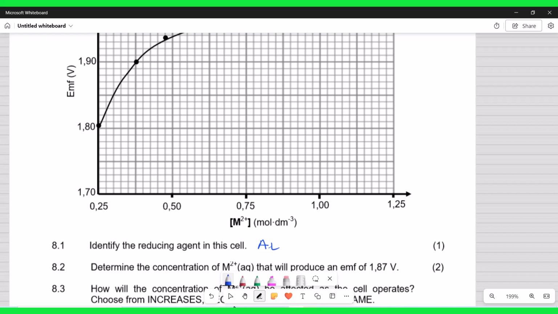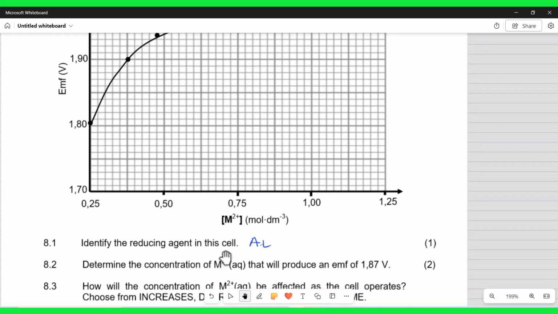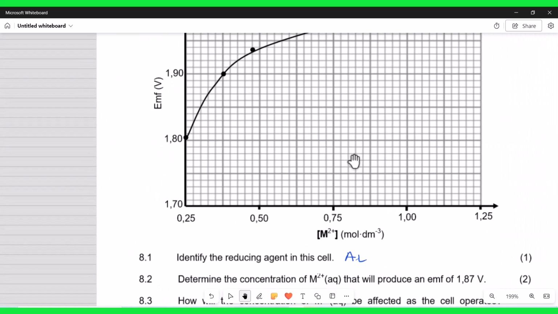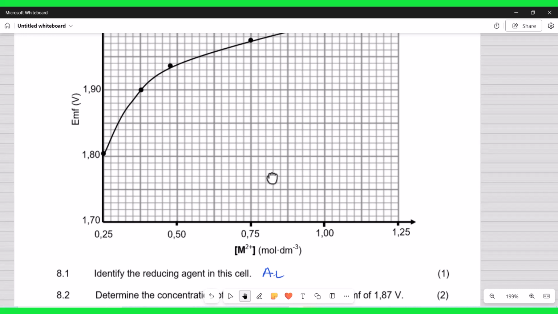Okay, and then the next question. They say determine the concentration of M2 plus ions that will produce an EMF of 1,87 volts. This is the concentration here, but the EMF is this side. So we're going to look for 1,87 on the y-axis, then come to the curve and locate its concentration. Before we get the concentration, we need to know the reading on the y-axis.